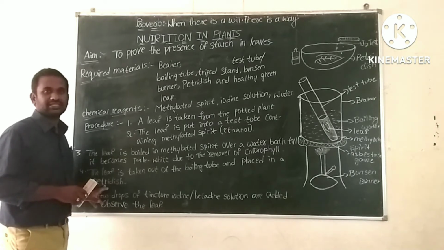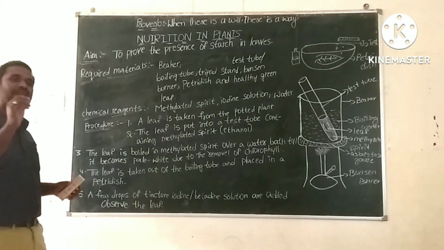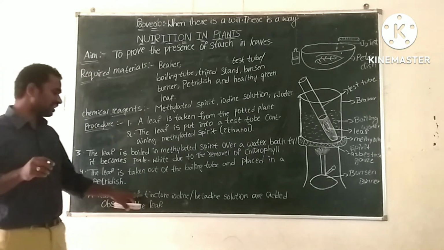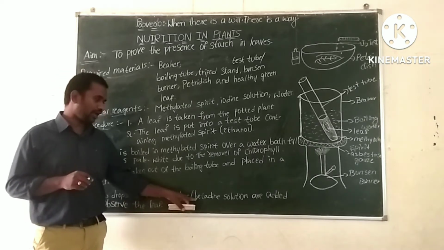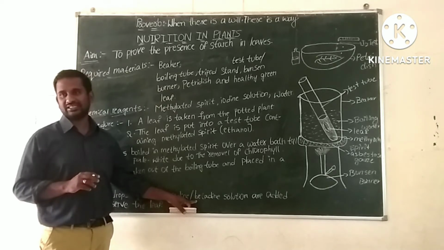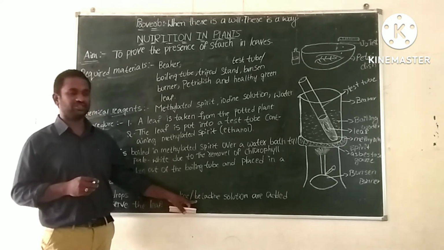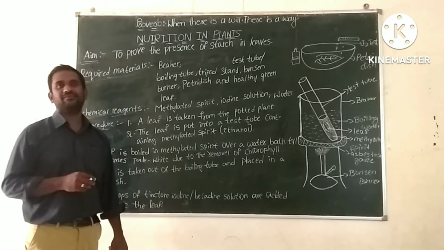Next, we pour a few drops of tincture iodine, or betadine. We use it for the iodine test, that is, starch identification. So the solution is added to observe the leaf.